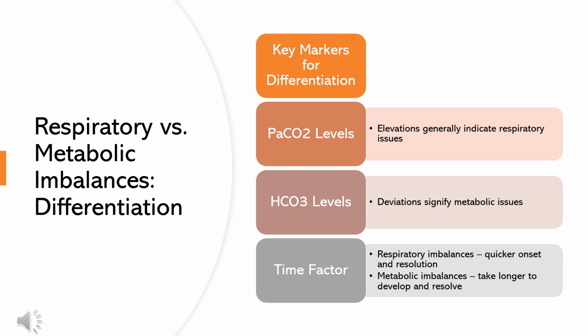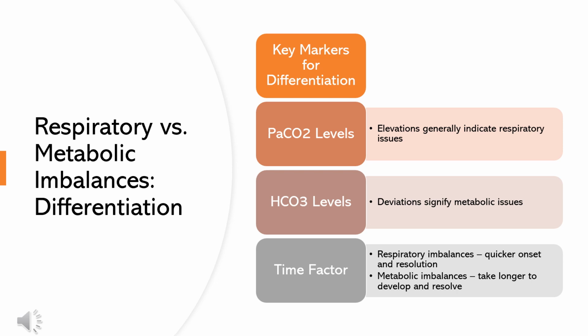When we're assessing pH, acidic pH levels less than 7.35 direct you towards acidosis. Alkaline levels greater than 7.45 indicate alkalosis. If the pH and PaCO2 are inversely related, it's likely a respiratory issue.